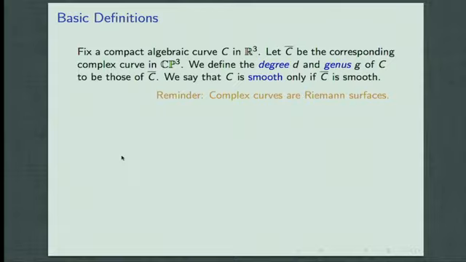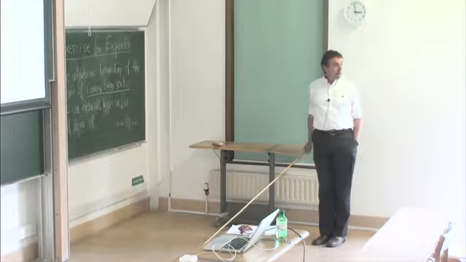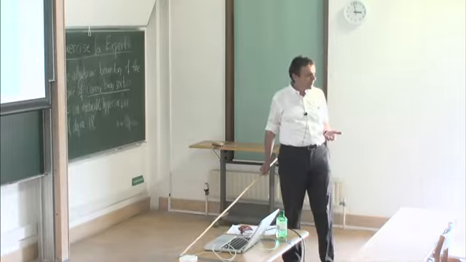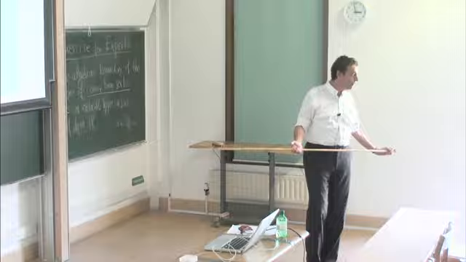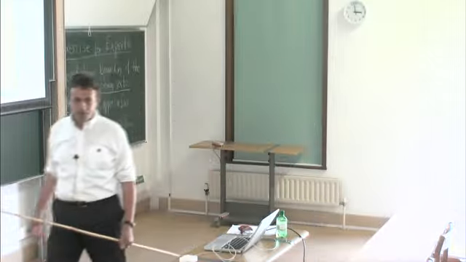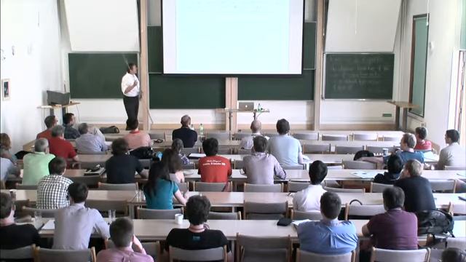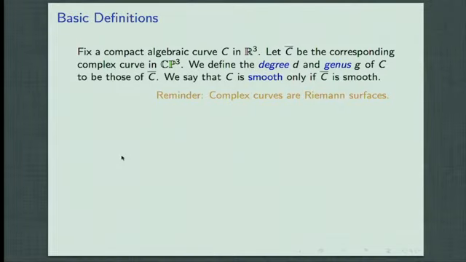So let me write C bar for the corresponding curve in complex projective 3-space. Now such a curve is a Riemann surface, right? The complex plane is called the complex plane because it has twice the dimension of the real numbers. So a curve over the complex numbers is a surface over the real numbers, and it's called a Riemann surface. The 2 basic invariants of such a curve: first of all, there's the degree, d.